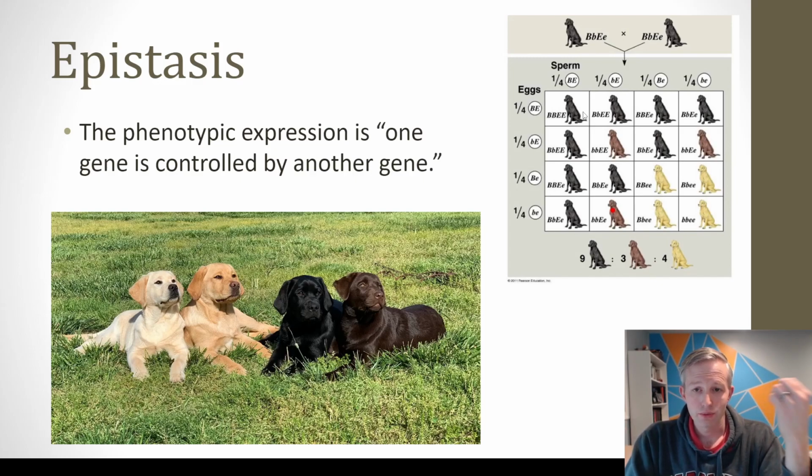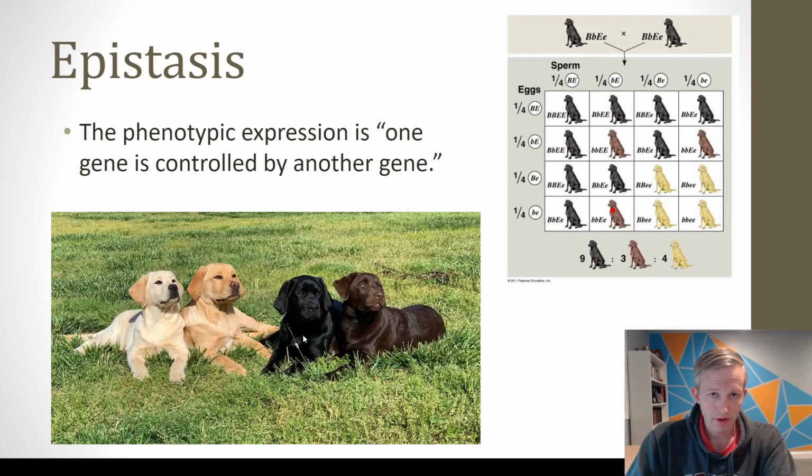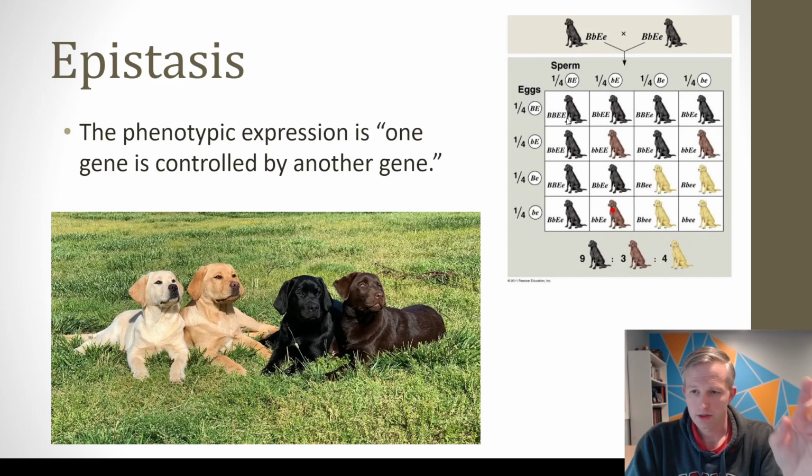If a dog has one or more big B's, dominant black allele, I guess, then they are a black lab. So the chocolate labs are the recessive, and the black labs are the dominant. Separate from that, though, they have these E genes, which I forget what that stands for.